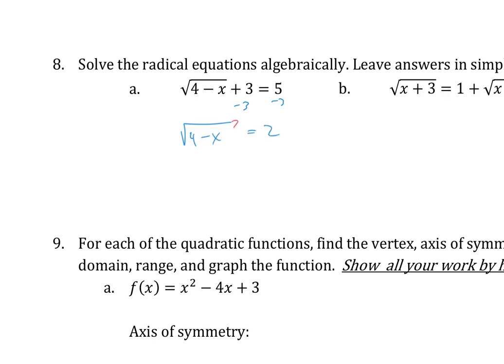Then we need to square both sides to get rid of that square root. 4 minus x equals 4. Okay. If we solve for x, maybe we minus 4 from both sides. Maybe we add the x to get it over on the other side. 0 equals x. There's our answer.